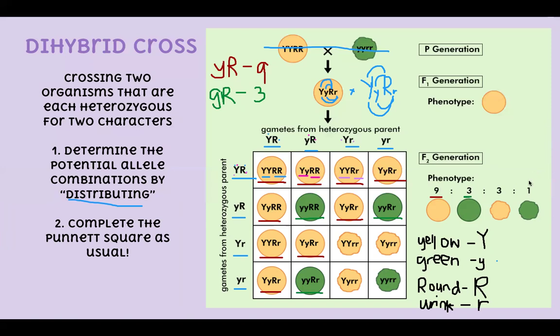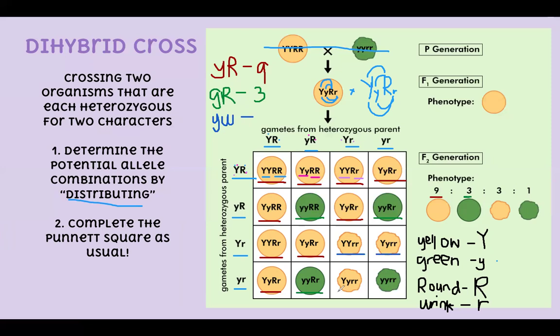Okay, let's keep going. We'll use dark blue now for yellow and wrinkled peas. So I'm looking for the dominant yellow again, and then I'm looking for the recessive shape. Okay, these ones I've already marked with a different color, so not those. This one would be yellow and wrinkled.